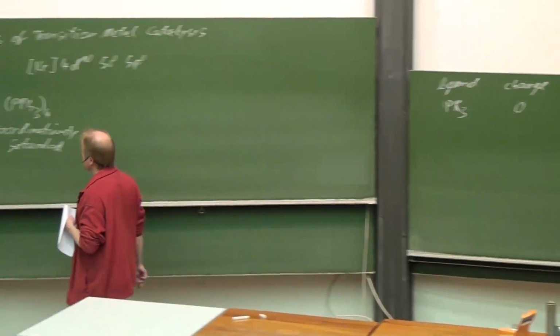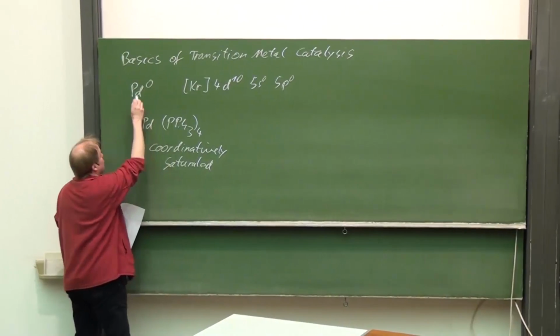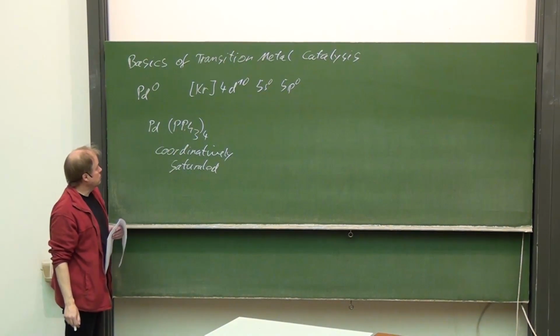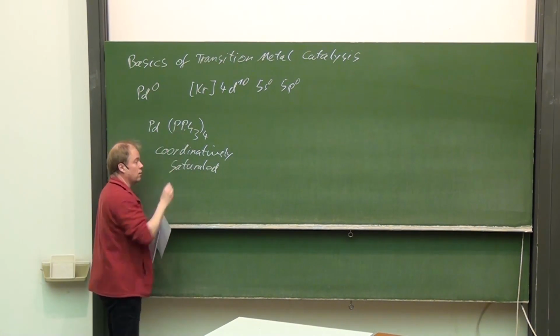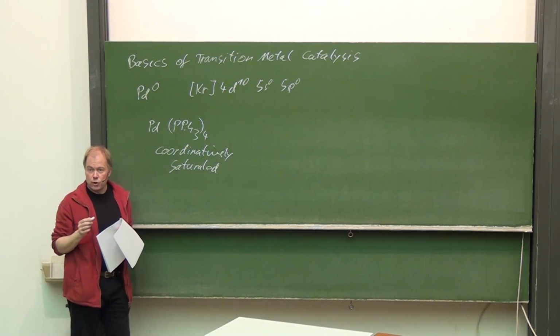So, oxidation state 0, and 4 phosphine units make overall 8 electrons.